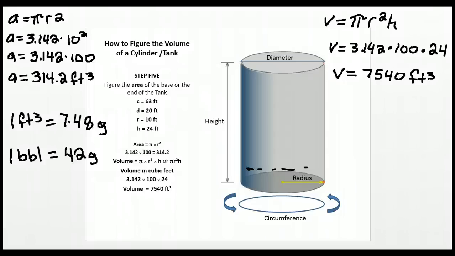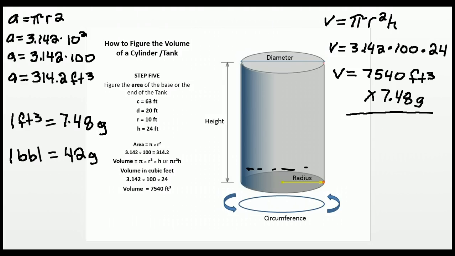All right, here we go. So if the total volume of this tank is 7,540 cubic feet, we'll do that times 7.48 gallons.